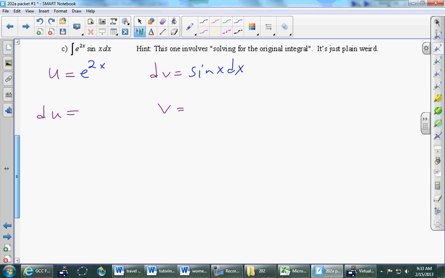We need 1 derivative and 1 antiderivative. Make sure you don't forget that extra 2 in the du, and the negative sign for the v, and also dx goes every time. Okay, draw the arrows.